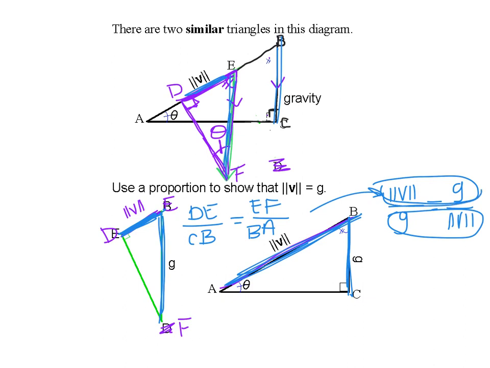So the magnitude of V is interchangeable with your force of gravity. So what that tells you then is that if we can find this length right here using our gravity force and our angle, then we found the force that's acting upon this object that's sitting on the ramp.